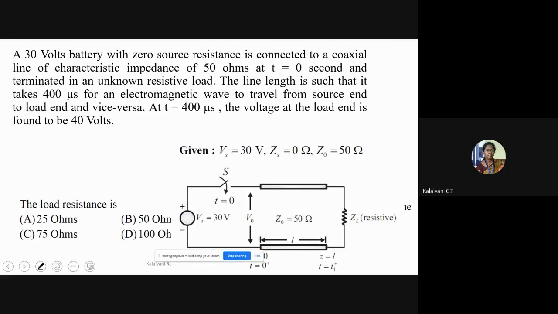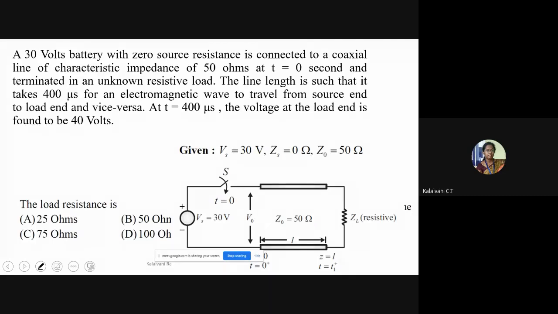I have drawn the diagram for this with the given data. From the given data, Vs is equal to 30 volts, Zs is equal to 0 ohms, Z0 is equal to 50 ohms. For time, I have given a switch.